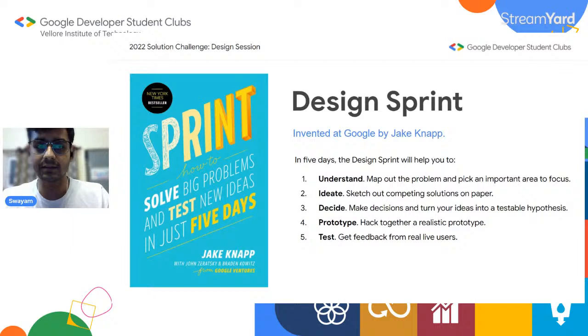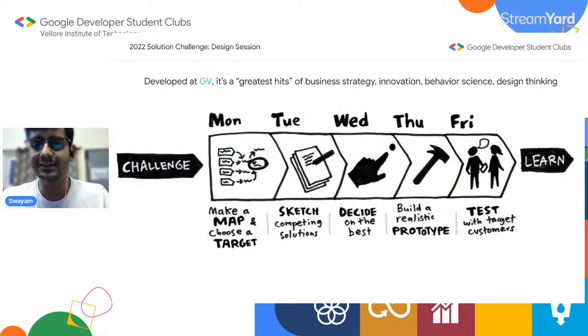This is an amazing book, and this book is the one which laid the foundations for design sprint. A lot of startups all across the world use this process to launch new features to their apps or anything like that. Yeah, so this is a basic diagram which shows how a design sprint works. As you can see, the week is divided from Monday to Friday.